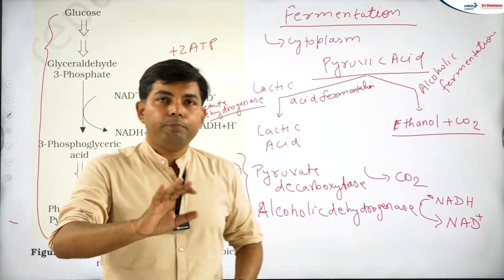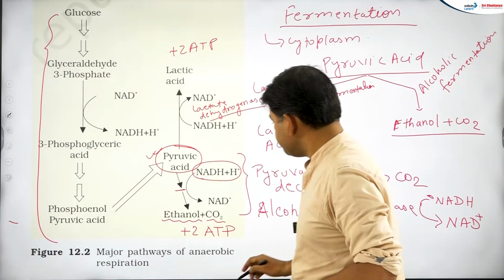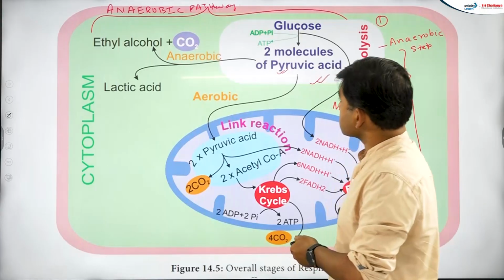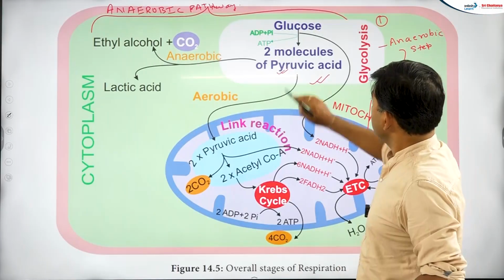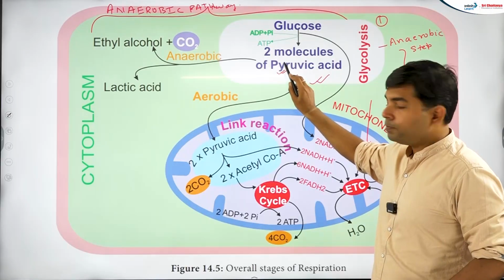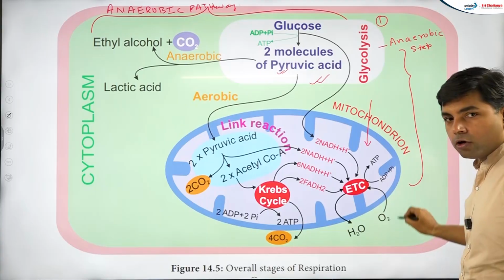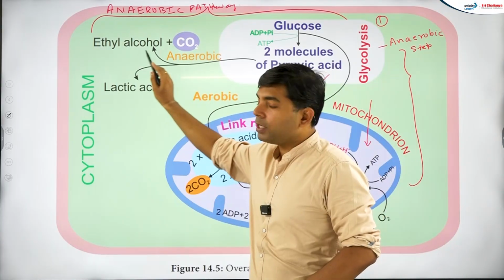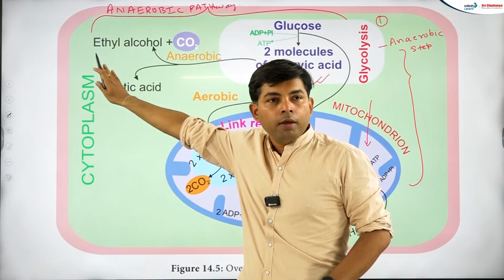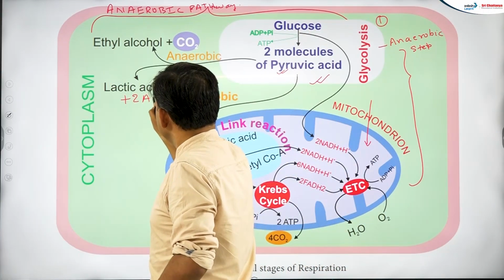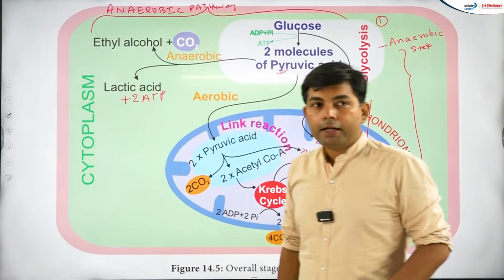If I overall summarize it, 2 pyruvate is produced. If it follows the aerobic pathway, then it will require oxygen. If it follows the anaerobic pathway, it doesn't require oxygen. And here the net ATP produced will be 2 ATP, right?